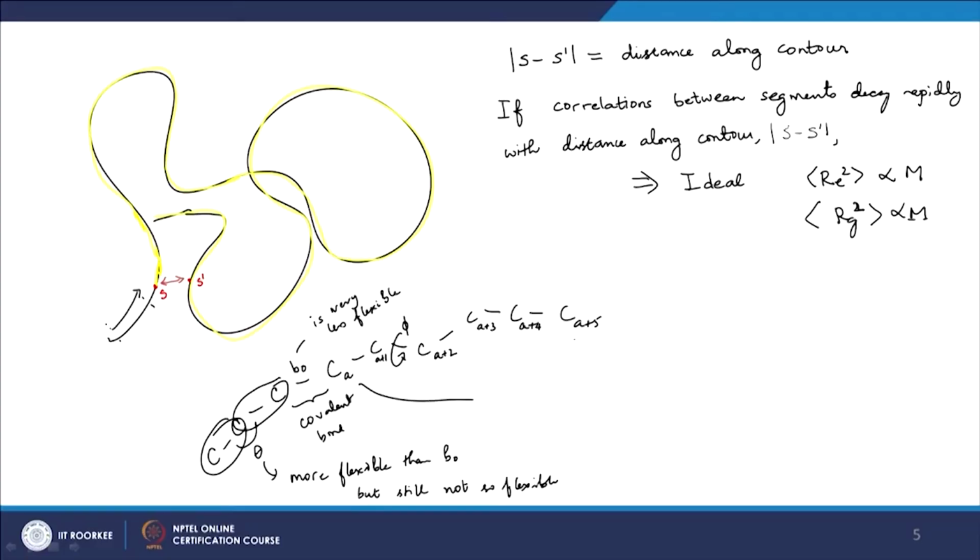What it means is the positions of these two are less correlated, or they can be varied relatively more easily.